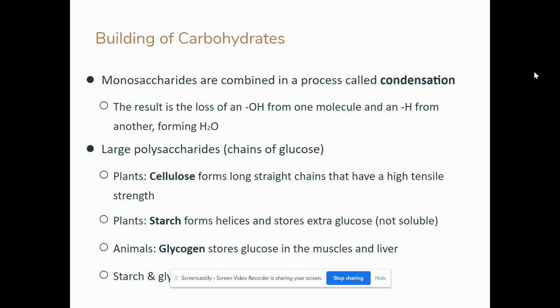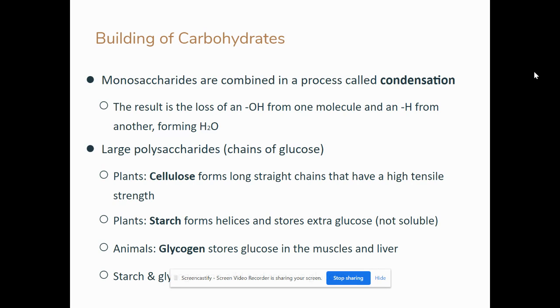Large polysaccharides, so that's chains of glucose. In plants, cellulose forms long straight chains that have a high tensile strength. Cellulose is found in the cell walls of plants. Starch forms helices, those are coils, and stores extra glucose.